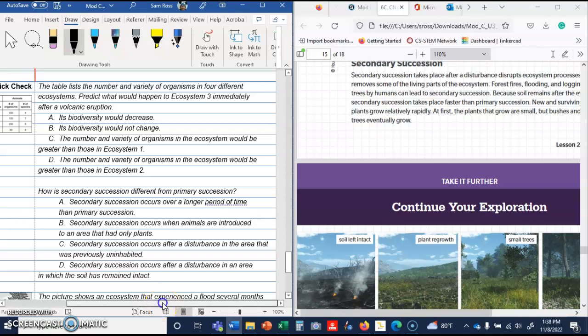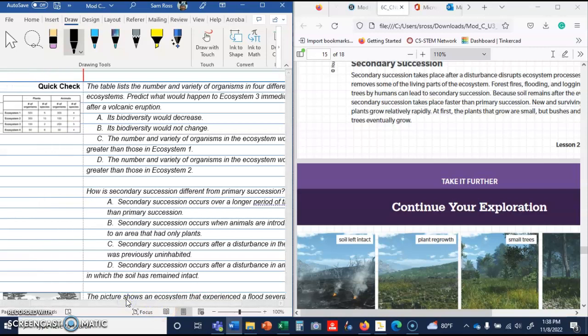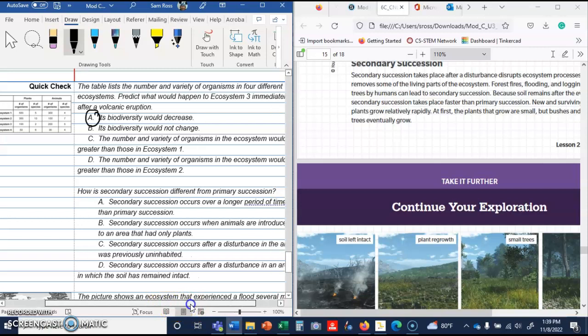So if you look at the table, ecosystem 3 has 100 plants of 2 different species and 200 organisms of 5 different species. So it gives you the number of organisms and the number of species. It's not the most diverse, but the answer to this question is that its biodiversity would decrease.